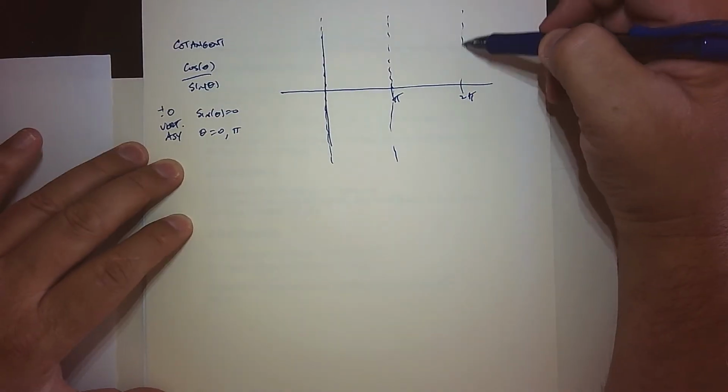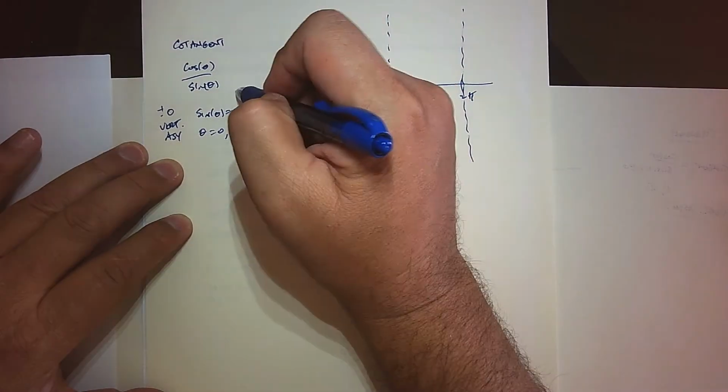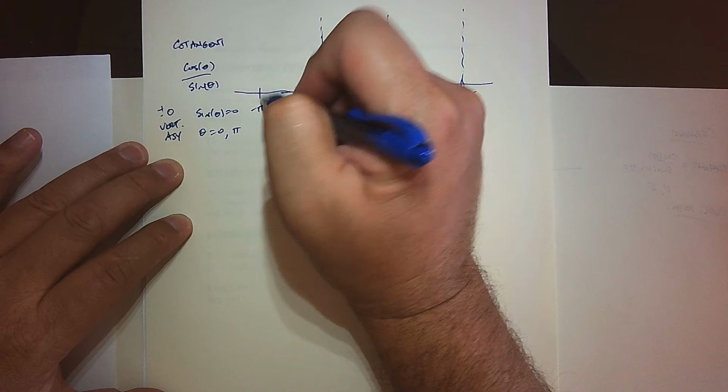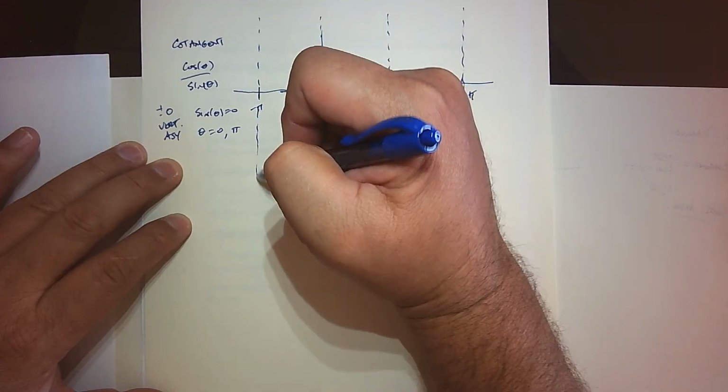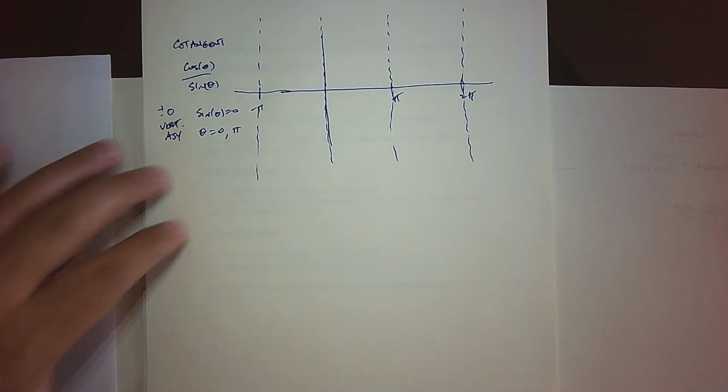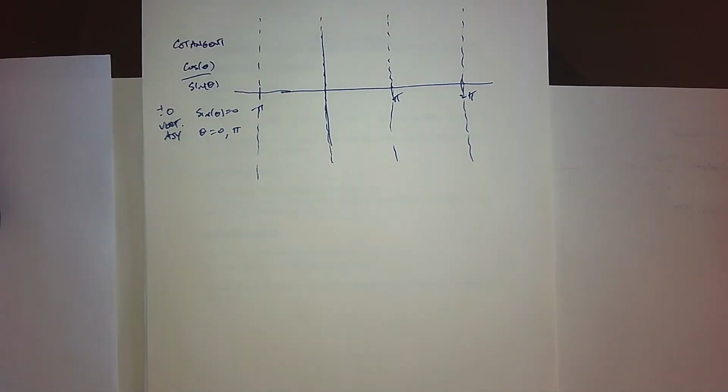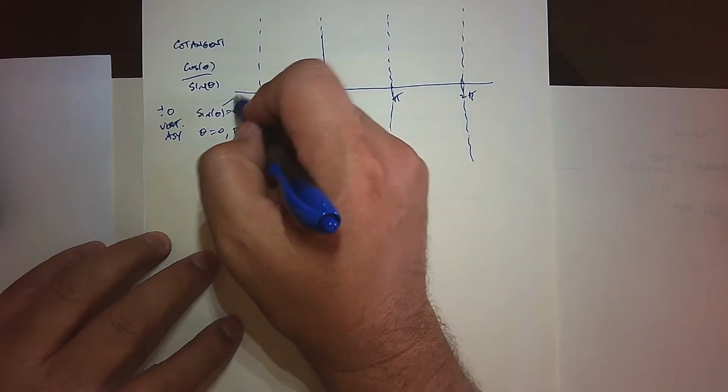As a matter of fact, at 2 pi we're going to have a vertical asymptote, and we can even go back in time. At negative pi we have a vertical asymptote, because at all those 180 degree or 0 rotations, or coterminal angles, we know that sine is equal to 0.